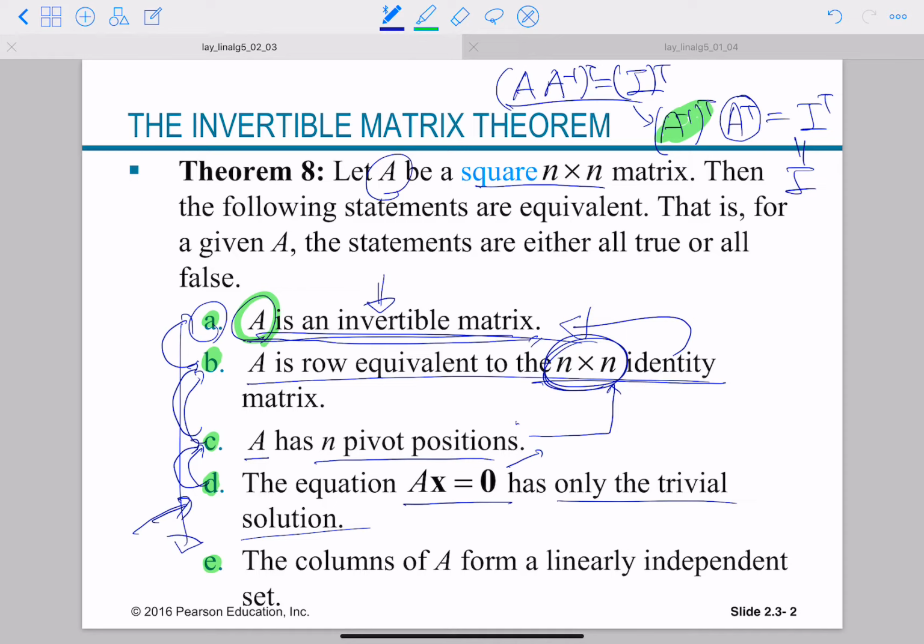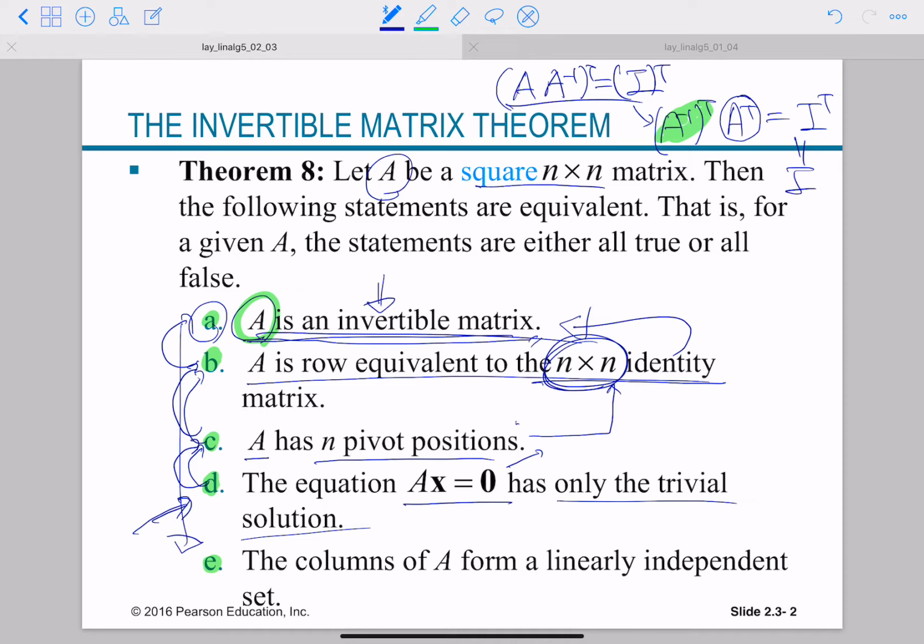So if A is invertible, then the pivots exist in every row and also every column, and so Ax = 0 will have only the trivial solution because of the existence of the pivot in every column.